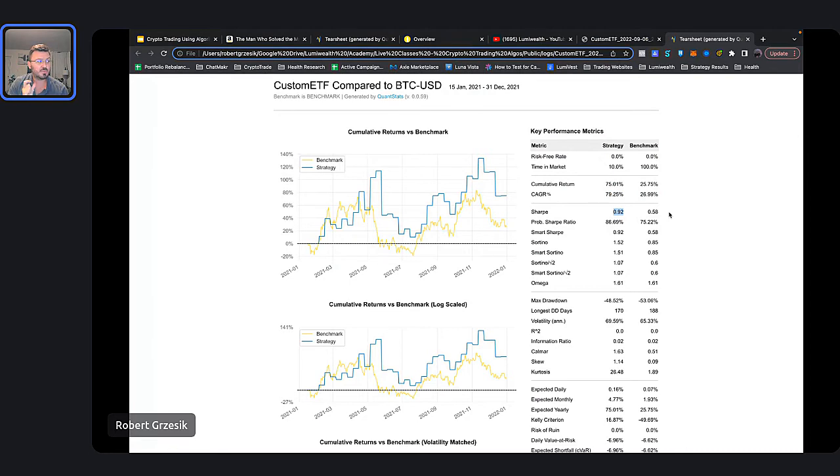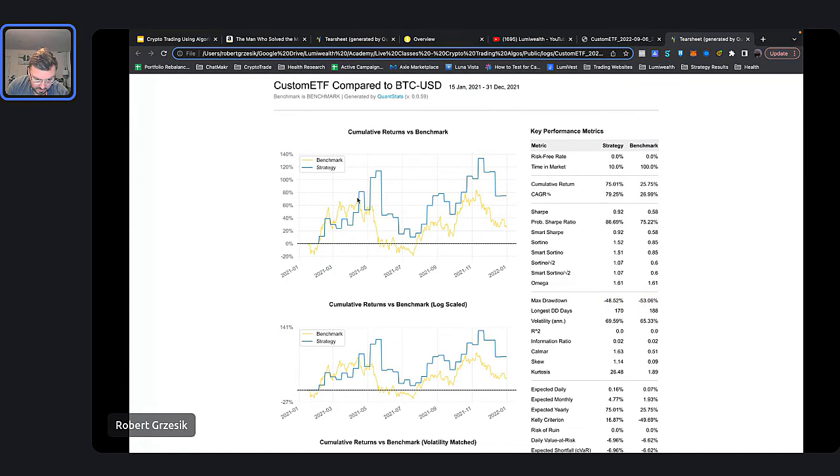So the higher your Sharpe ratio, the better you're doing, but also you're doing better, not just from an absolute perspective in terms of I got a higher return, but also I'm doing better relative to the risk that I'm taking, right? So what risk did you take, right? So here you can see our max drawdown is one measure of risk. Max drawdown is basically from the top to the bottom, right? So this would be here for Bitcoin.